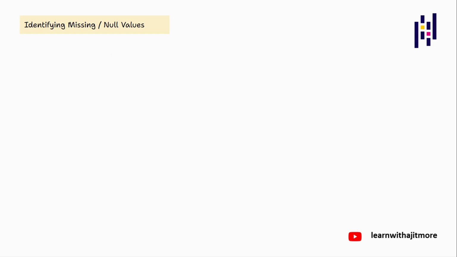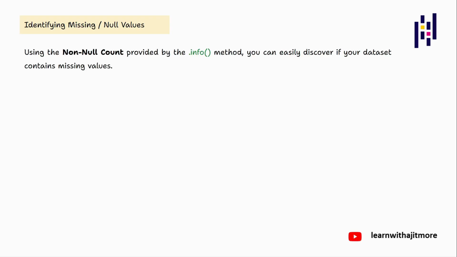Now, if you want to find out whether there really are null values in your data frame or not, you can take the help of this info. If you want to identify missing values, you can take the help of that non-null count.